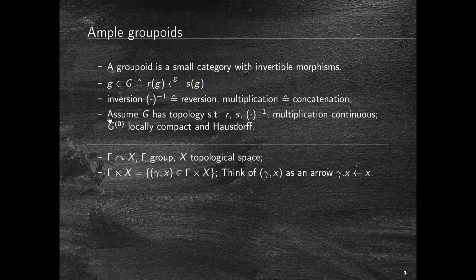So X will be our G0 here. And you would want that to be locally compact Hausdorff. Okay, so that's one example.